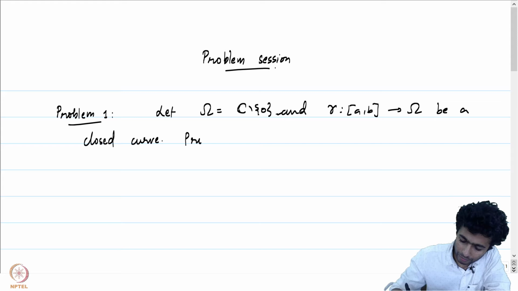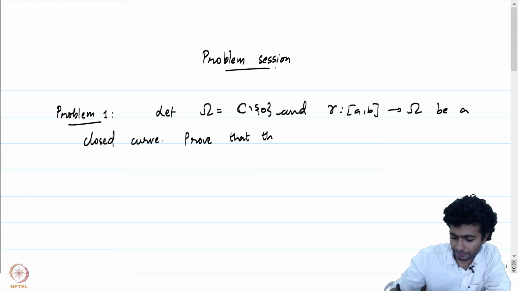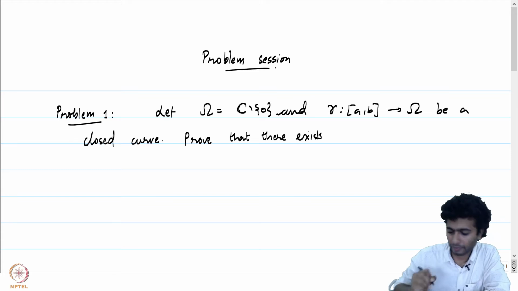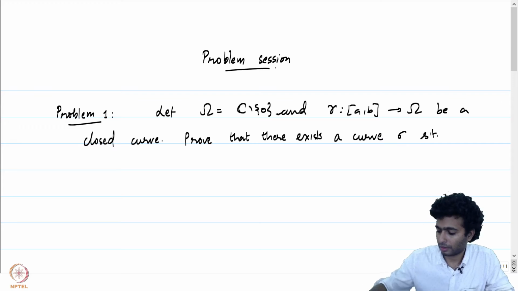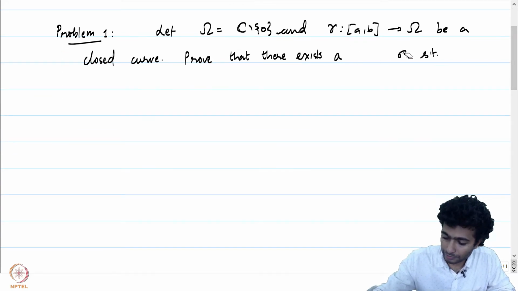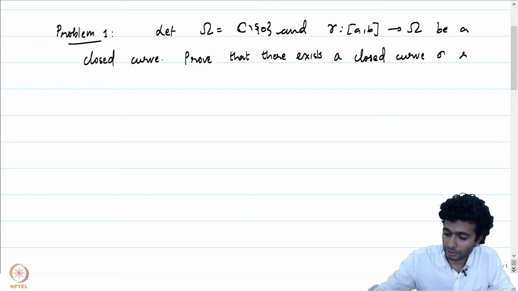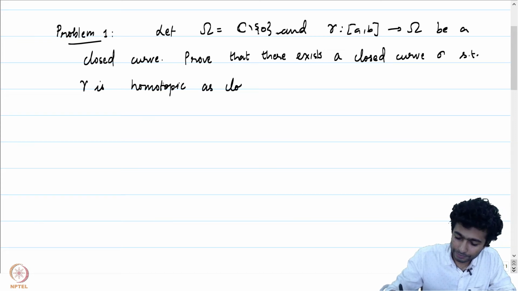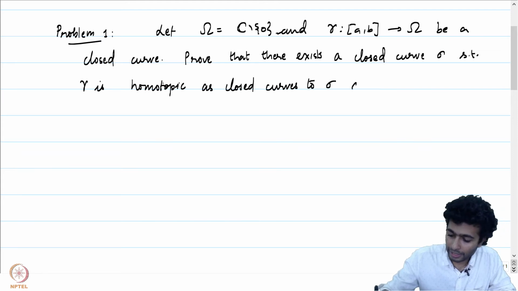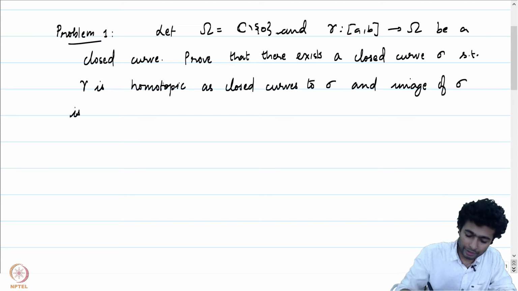Prove that there exists a closed curve sigma such that gamma is homotopic, as closed curves, to sigma, and the image of sigma is contained in S1.